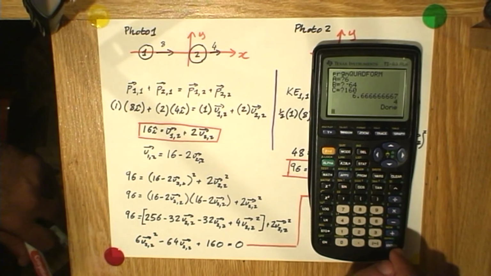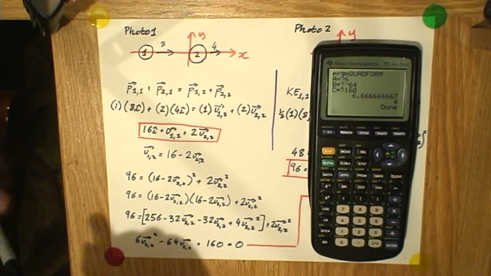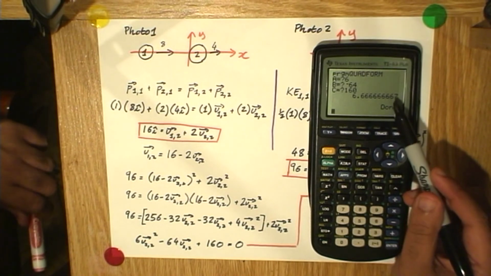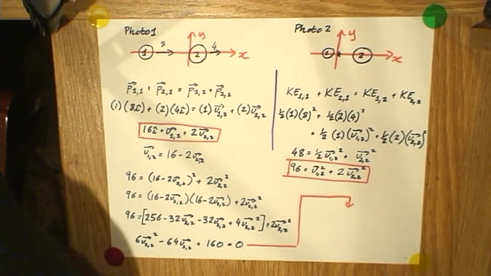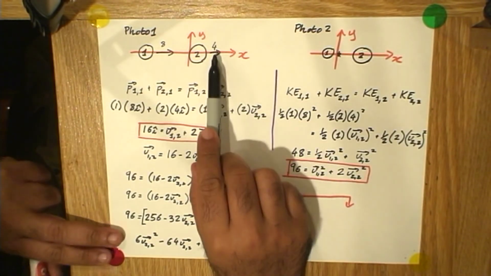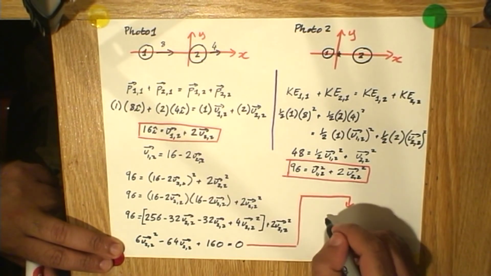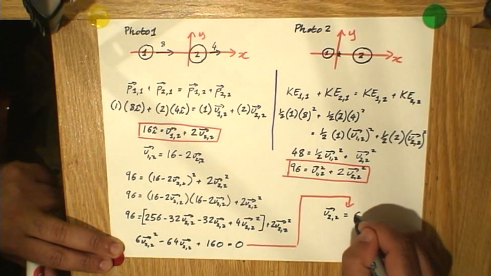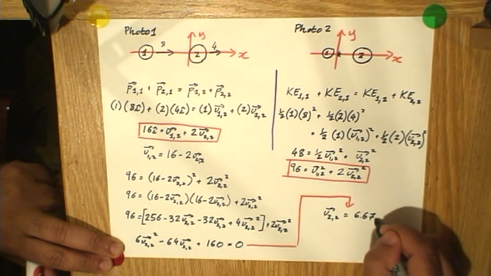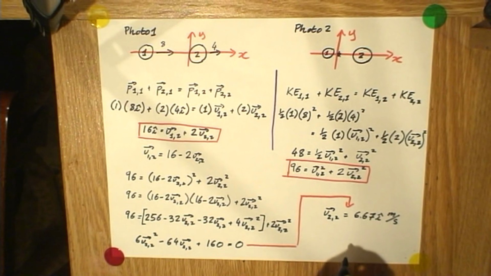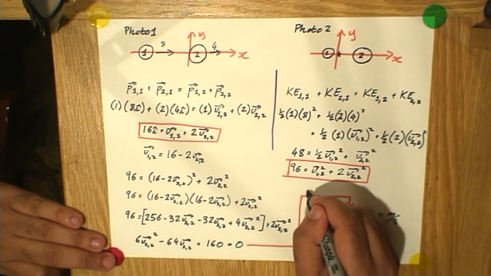And so we get that the velocity of the 2 kilogram ball is either 4 or 6.67. Now, 4 was the velocity before the collision occurred, so the correct answer must be 6.67. So that would be 6.67 i hat meters per second using the quadratic formula.